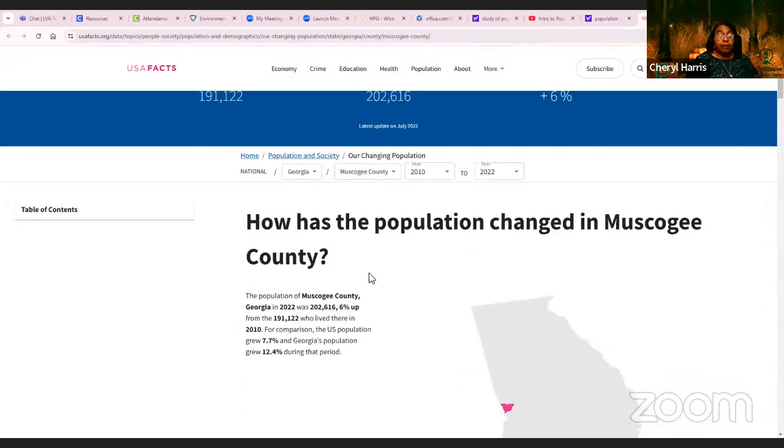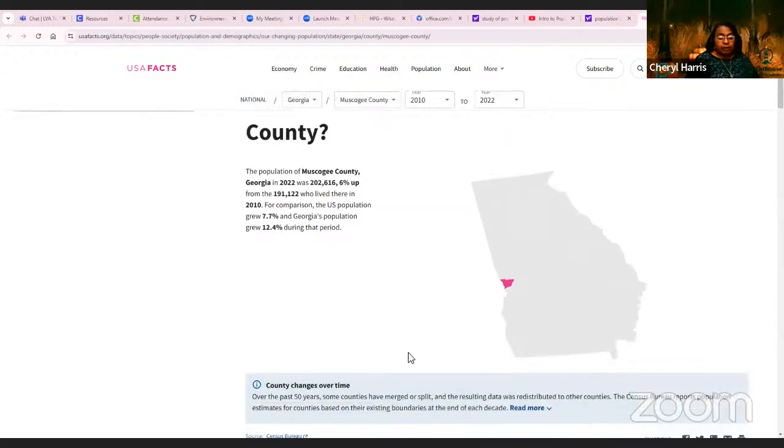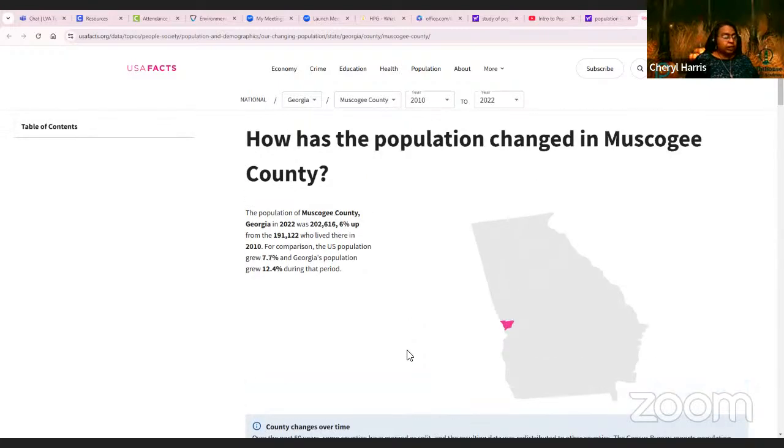So start with, you can answer it by just saying the population size of Muskogee County as of 2022 was, and that's probably changed since then, which is up since 2020. And there was another site I went to where the population size is going down since then. So you don't have to stay on this site if you can't get in this site.